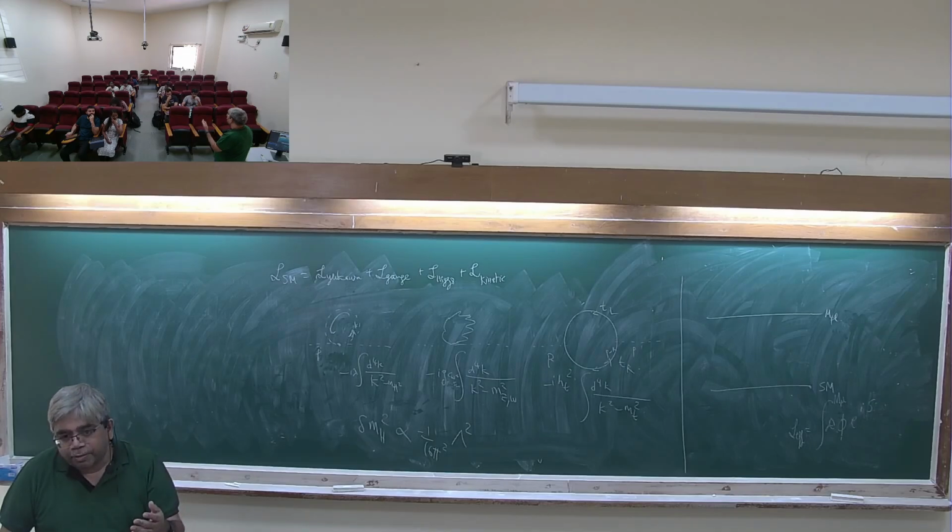Like for example, at that time there were no graded Lie algebras. Okay, there was some theorem called the Coleman-Mandula theorem, which tells that you cannot have internal symmetries which are of fermionic type. All possible internal symmetries are classified.